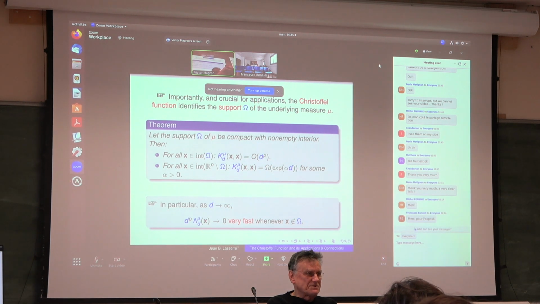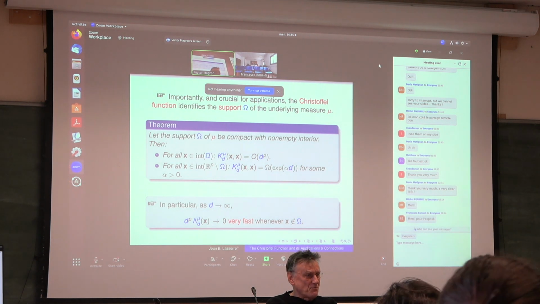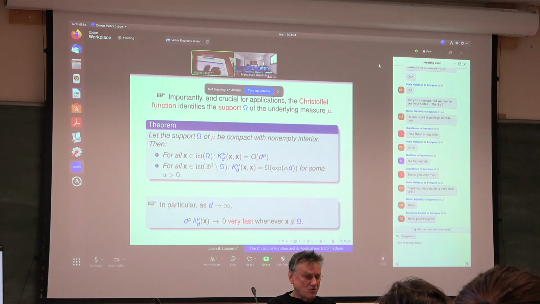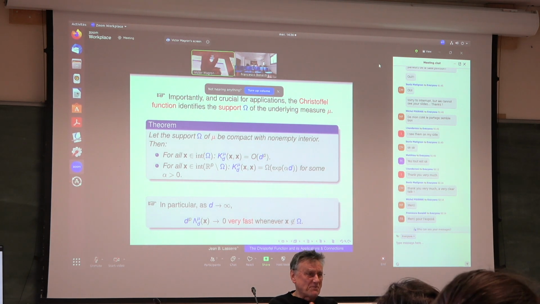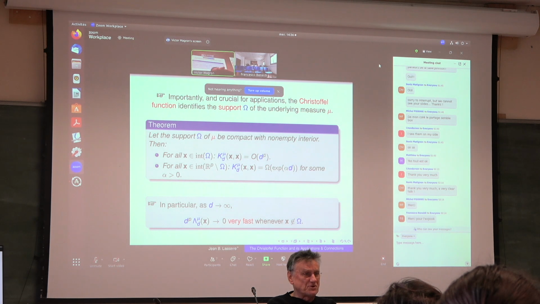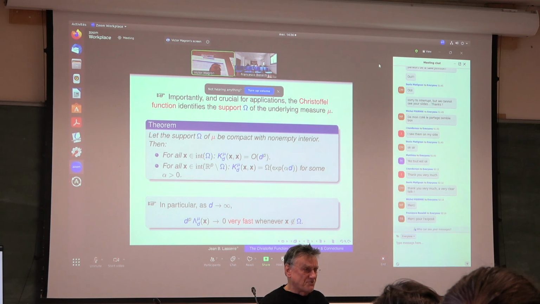So I try to explain to you why it looks like magic, but people who are in the area, who know very well the Christoffel function, are not at all surprised by that. I was surprised when I saw it, because this happens with a low degree in a small dimension. I found that very interesting. And for data analysis, I think it is interesting. And if you're not interested in data analysis, you are just saying, oh, so what? Okay.